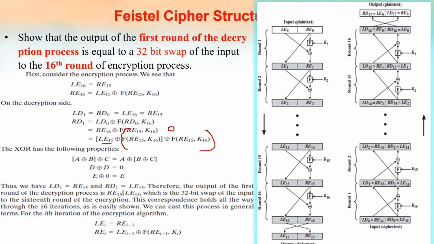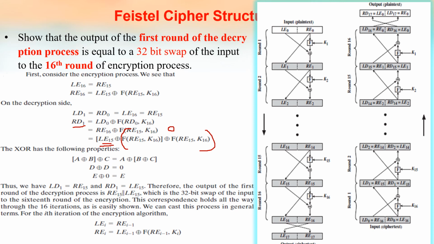What is remaining? LE15 XOR 0, and anything XOR 0 becomes itself. So this becomes LE15 itself. I have expanded RD1 and proved that RD1 equals LE15, which is required. That is, the right side of the decryption equals the left side of the encryption. I have proved that.